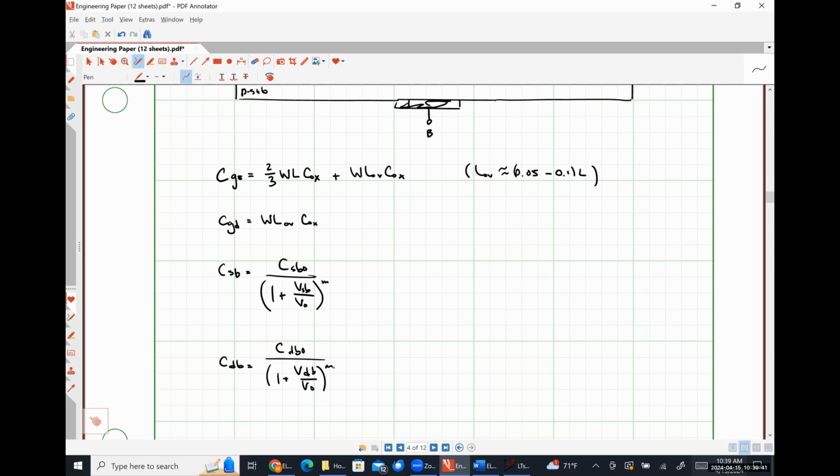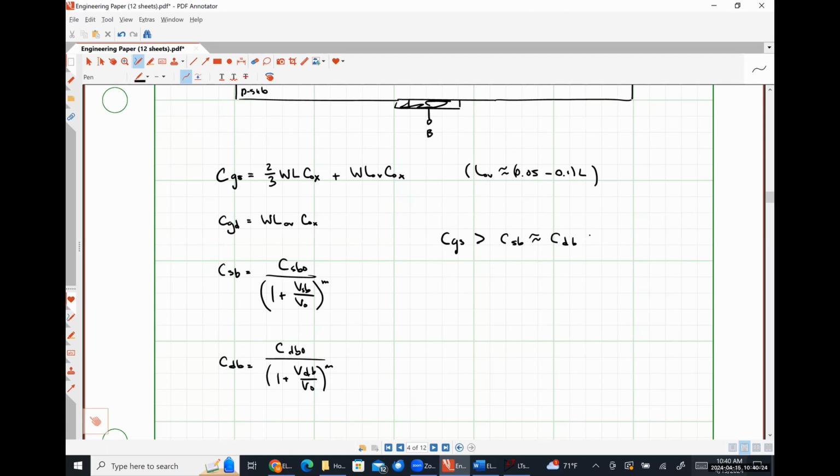So our gate source capacitance is usually larger than our source body capacitance, which is roughly the same as our drain body capacitance. It's not going to be exactly the same because typically VDB is actually going to be smaller because we apply a larger voltage at the drain than we do at the source for an NMOS transistor.